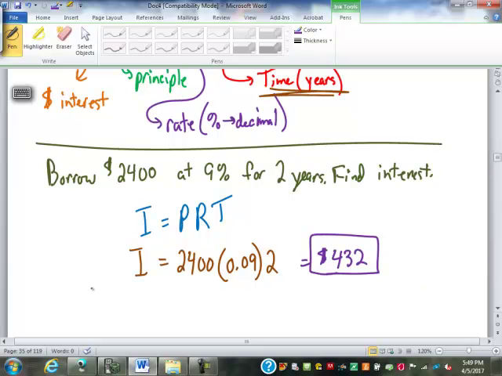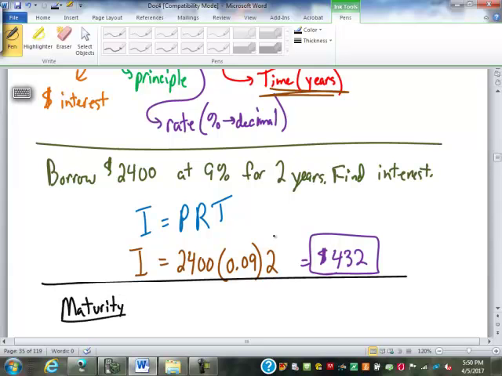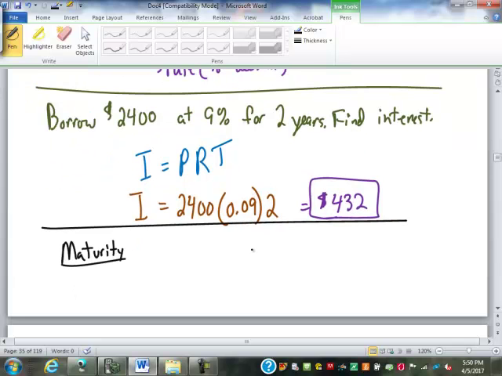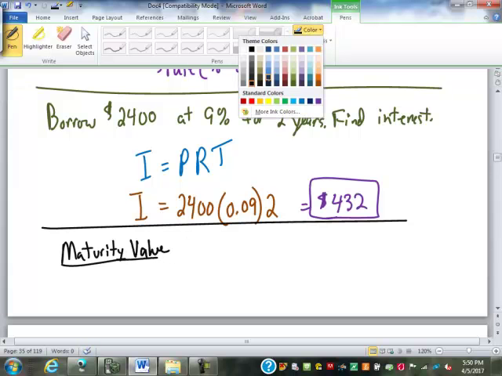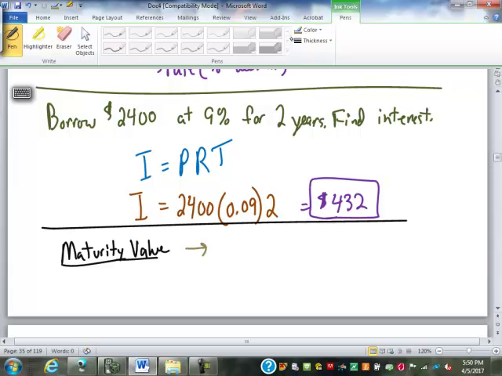Well, the next stage of this is to talk about something called maturity value. We're not by any means done doing examples of simple interest, but we got to put this next formula in here to tie it all together a bit. Maturity value is the amount due at the end. That's the amount paid back at maturity.